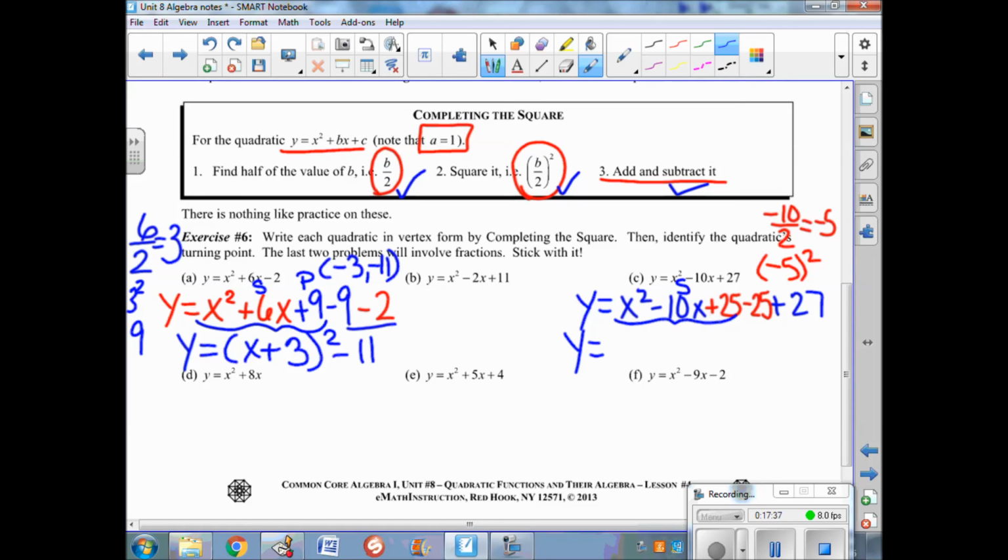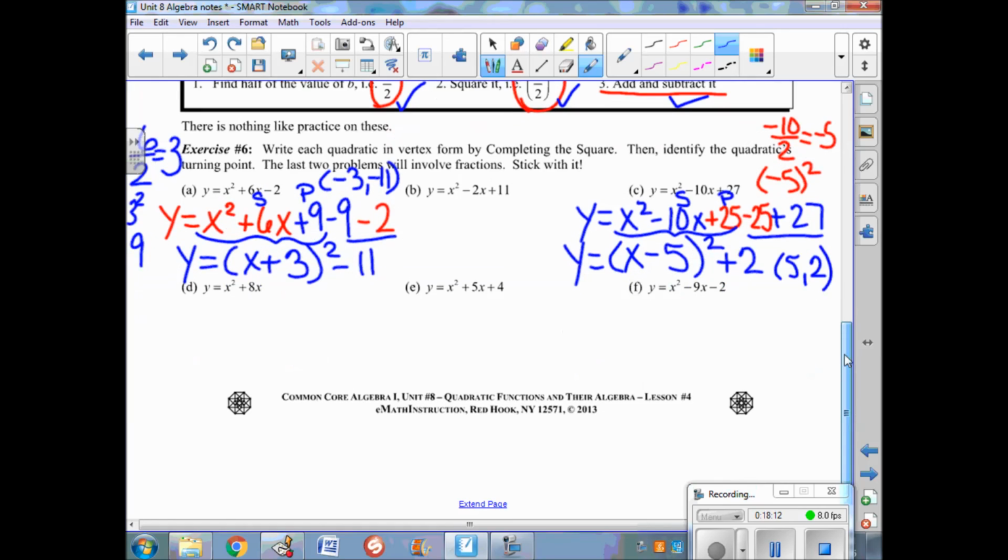We think sum and product: 2 numbers that multiply to a positive 25 that combine to negative 10, and that's going to be negative 5 and negative 5, or take the shortcut and write the perfect square form of it, x minus 5 squared. Combine like terms, plus 2. There it is, vertex form. What is the vertex of this? And it is 5, 2.